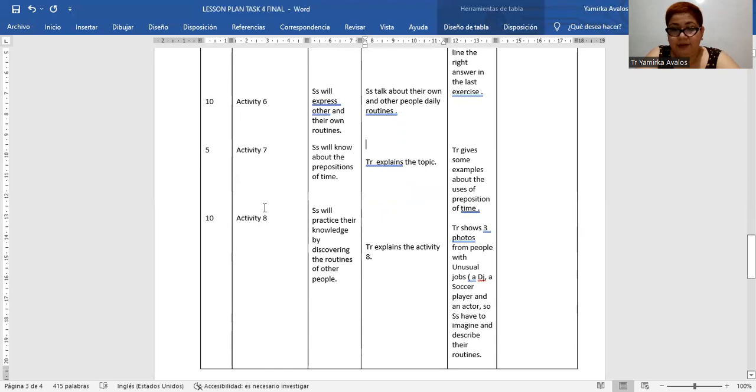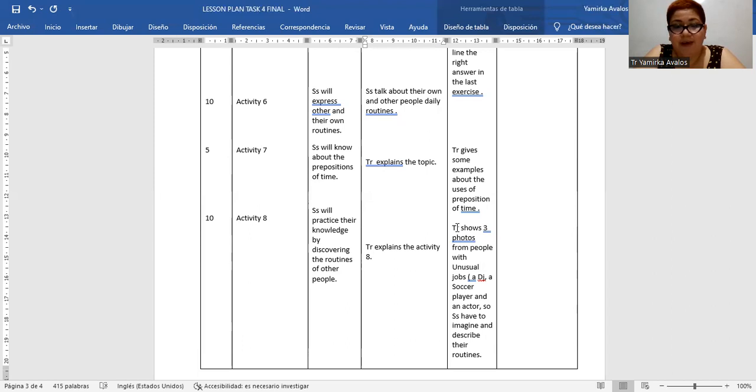In activity 8, the students will practice their knowledge by discovering the routines of other people. The teacher explains the activity, and this is an extra activity in which the teacher shows three photos of people with unusual jobs, for example a DJ, a soccer player and an actor.